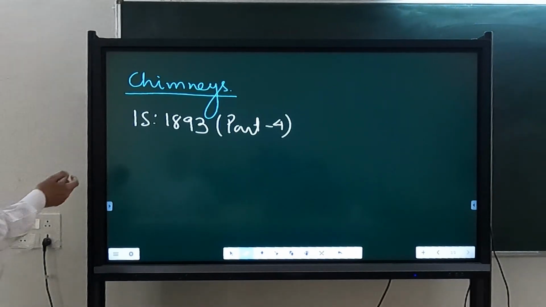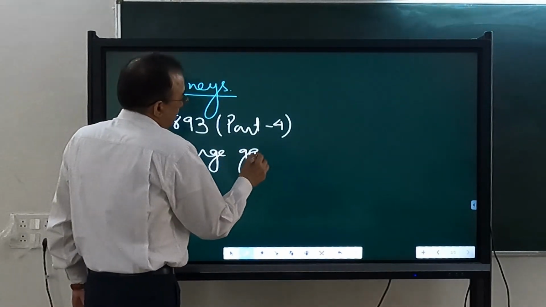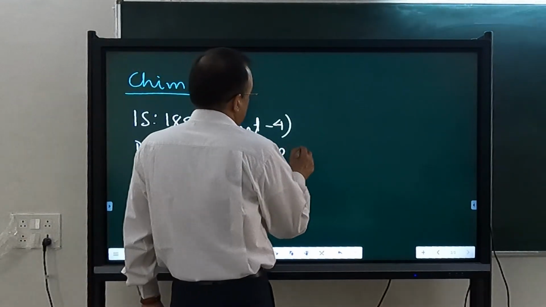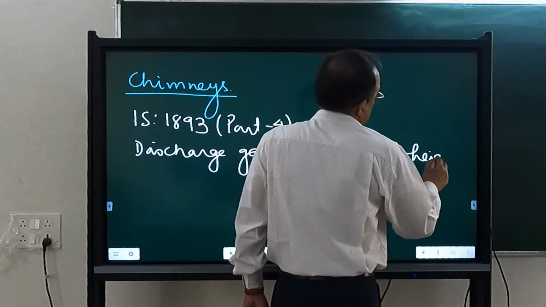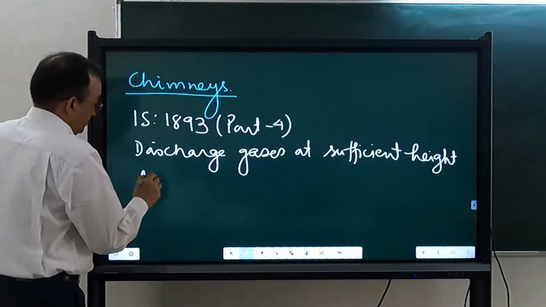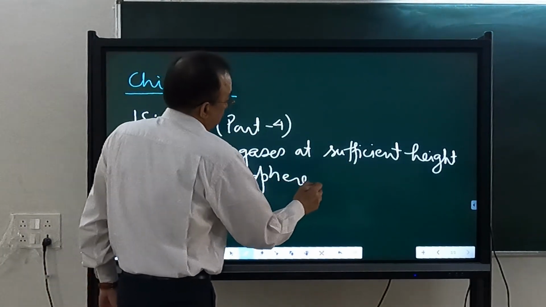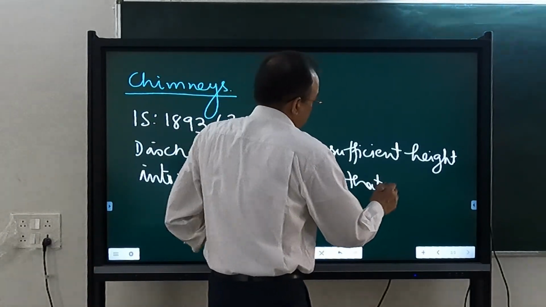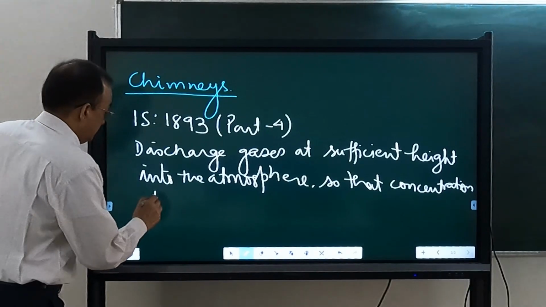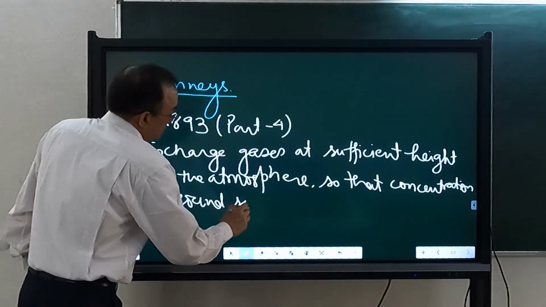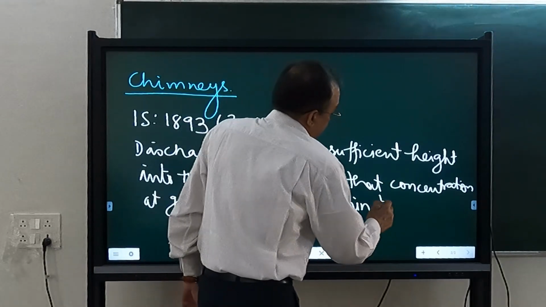And the purpose of these chimneys is to discharge industrial gases at sufficient height into the atmosphere so that the concentration at ground surface is within permissible limits.